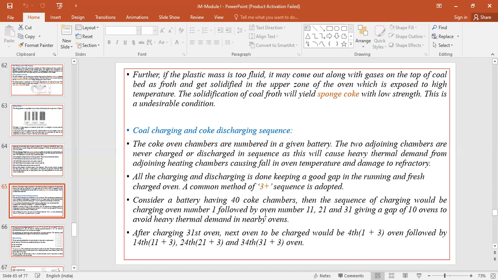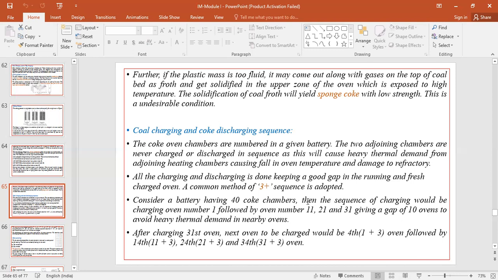After charging the 31st oven, the next oven to be charged would be the 4th oven. That is the 3 plus 1 sequence, which is nothing but, the 4th oven means here we have charged the first oven plus 3, 1 plus 3. That will be the 4th oven.